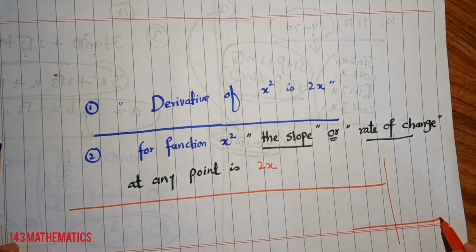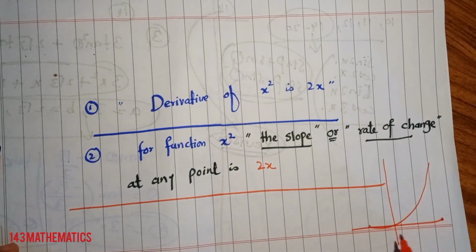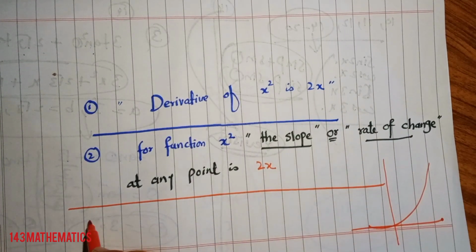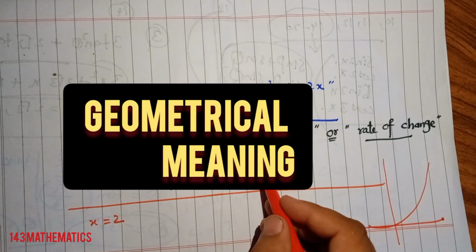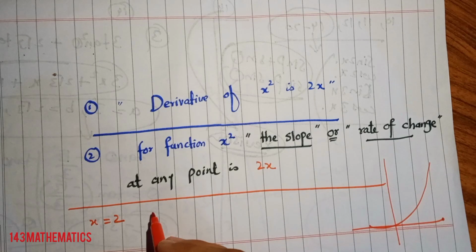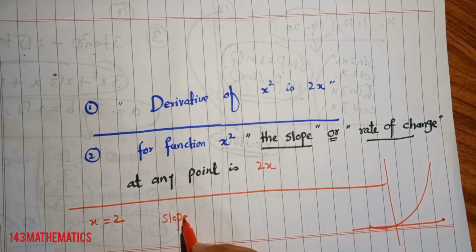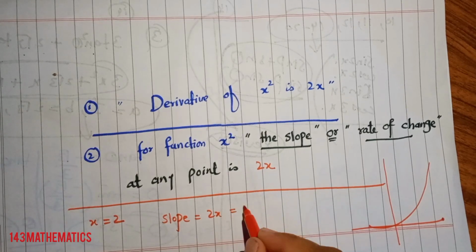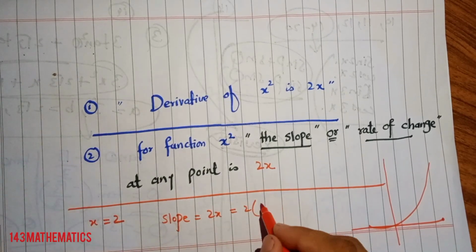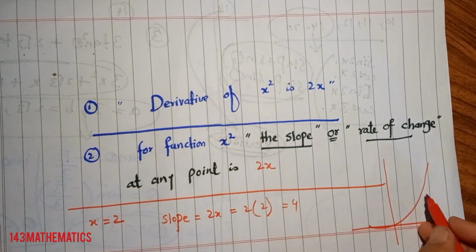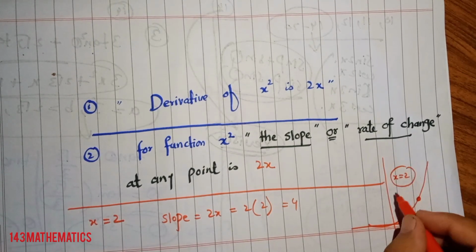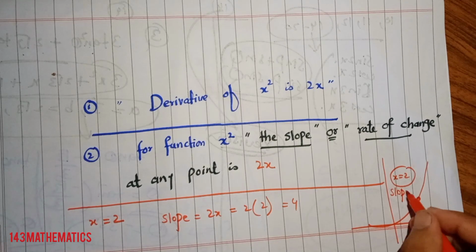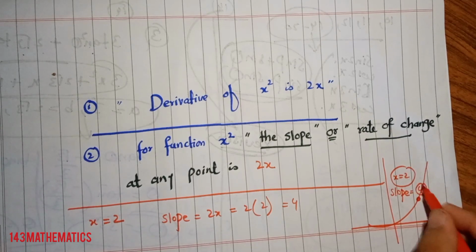So what is the meaning of this? If I draw a picture, here if x is equal to 2, put the value in this slope formula, so slope is equal to 2x, this will be equal to 2 times 2, so this will be equal to 4. So at the point x is equal to 2, the slope will be equal to 4.